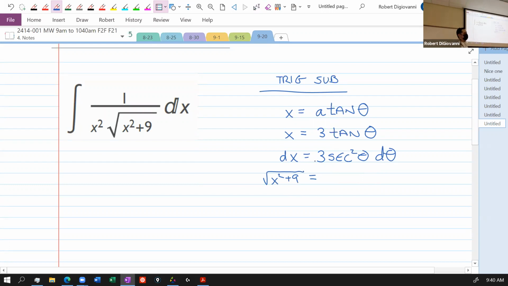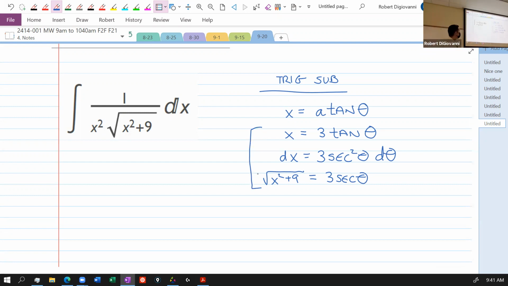What do we know that turns into? 3 secant theta, right? Are we all good with that? These are the things that are most important right here. What x becomes, what dx becomes, and what that square root thing becomes.